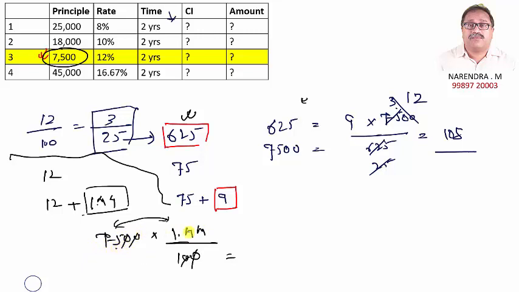Let's quickly multiply this. So 5 4s are 20, carry 2, and 5 into 14 is 70, and 70 plus 4... 7 4s are 28.